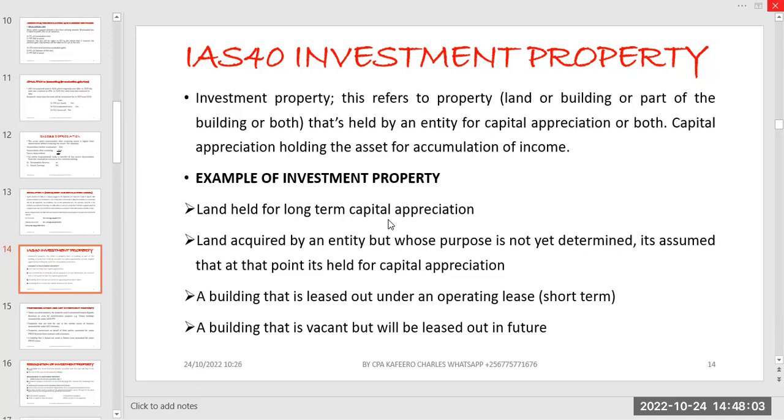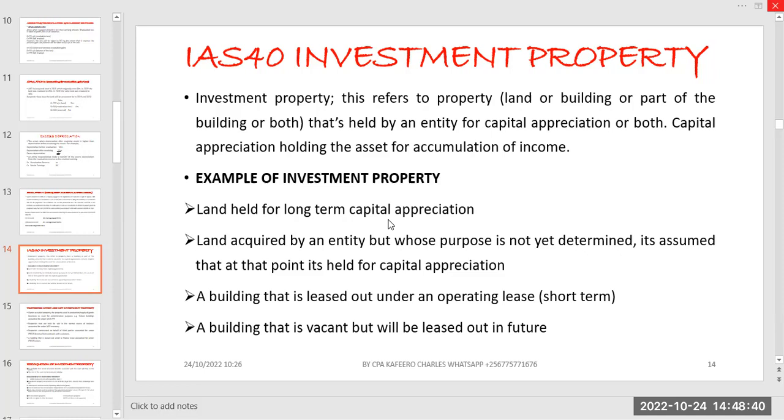The difference between the investment property and PPE is on the side of the use, because all of them are tangible assets. But PPE is used within the organization to generate revenue in the production or supply of goods and services for the organization, or for rental to others to a smaller extent, and for administrative purposes.